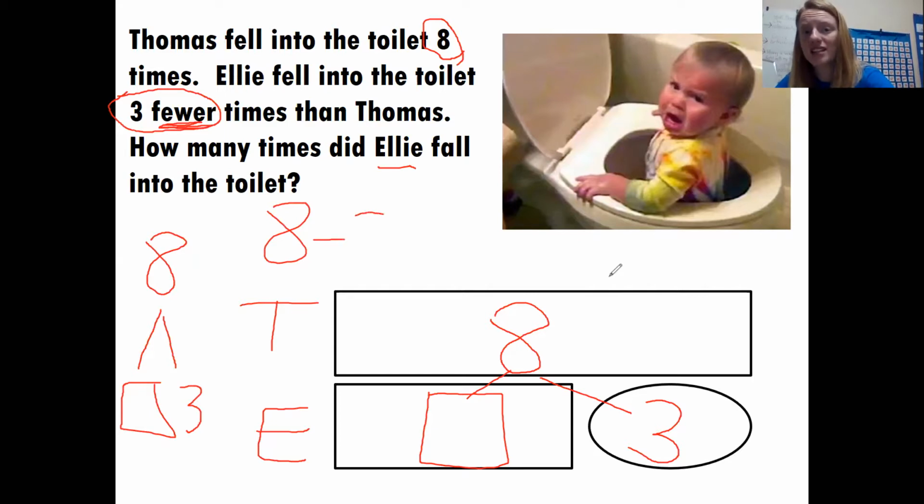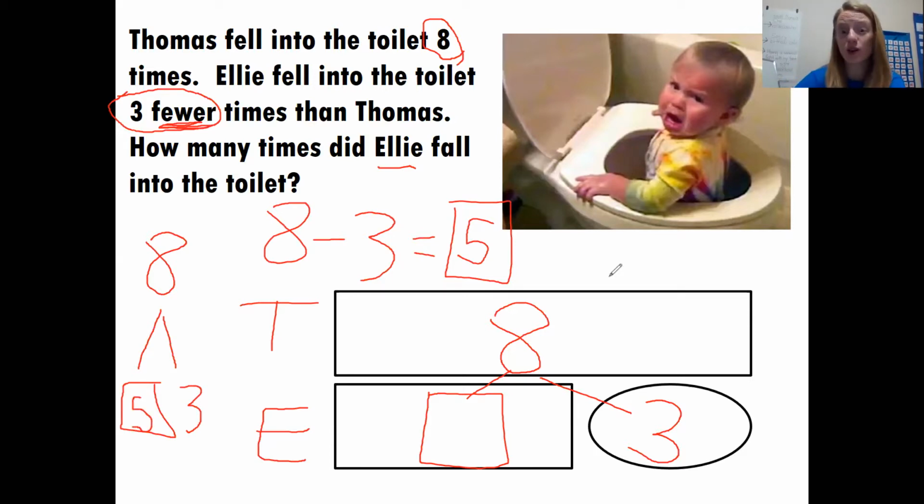Minus 3, that's the part that we know, right? That's our partner, equals box. What is 8 minus 3? 5, good job. Or if you want to solve it with the number bond, you can. If you want to count on to solve it, you can. So how many times did Ellie fall into the toilet? 5 times. Great job, friends. You rock.